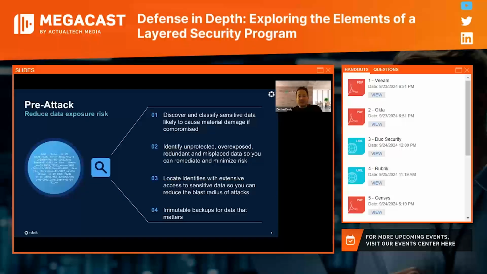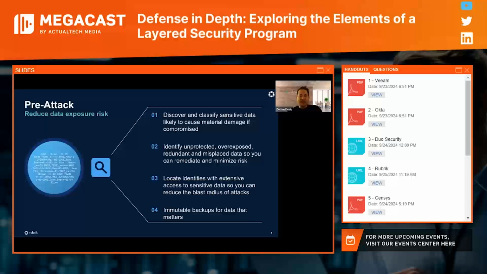So Rubrik's data discovery and classification capabilities can help you accomplish all these things. They can help you reduce your sensitive data exposure and manage exfiltration risk by discovering what types of sensitive data you have and where it lives. We also have the ability to understand who has access to this data, so you can more easily implement least privilege access.